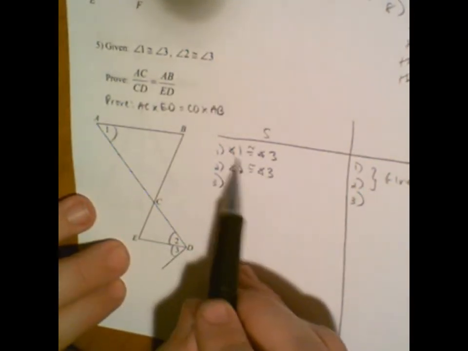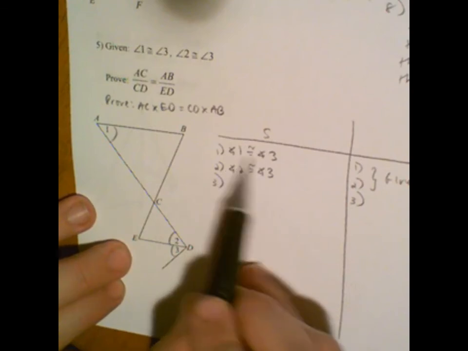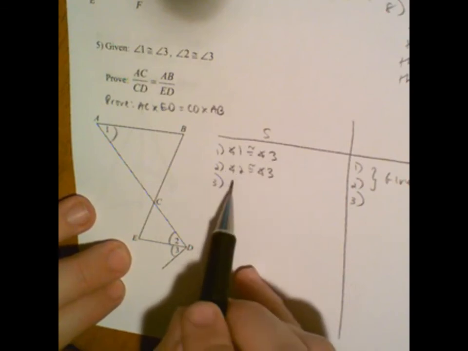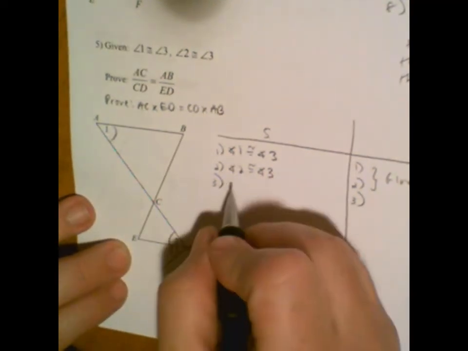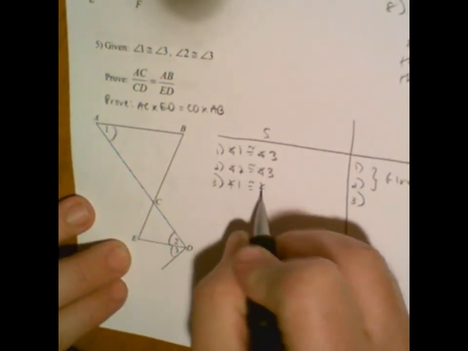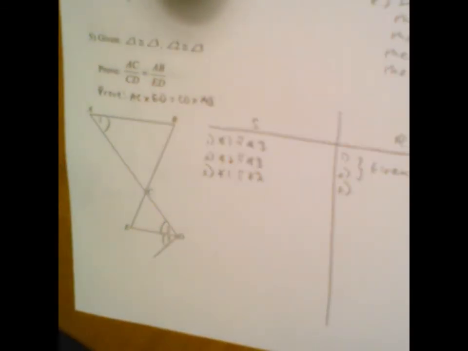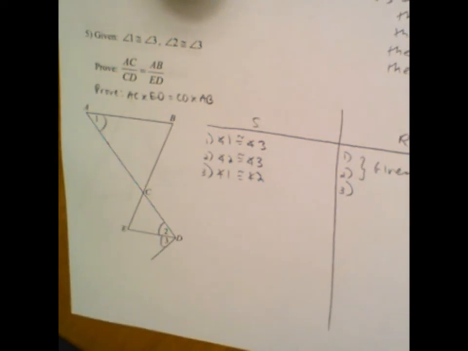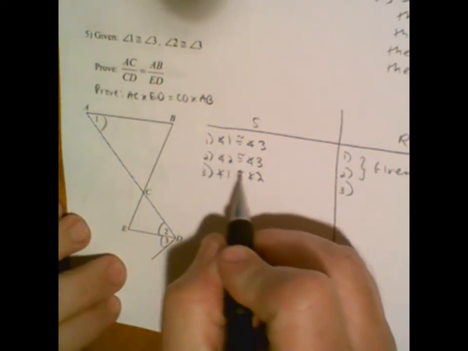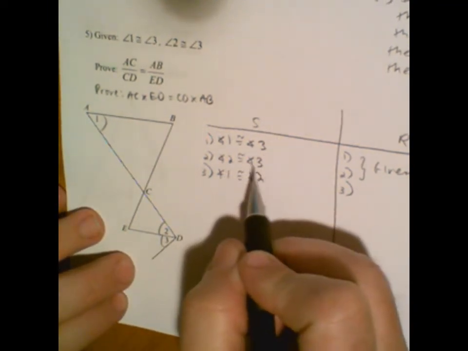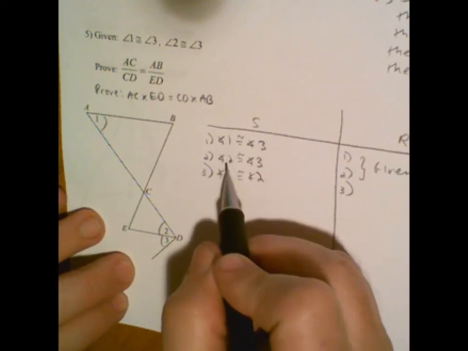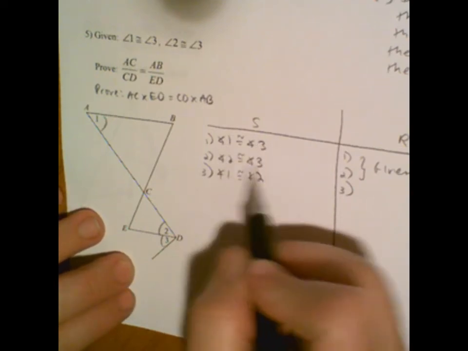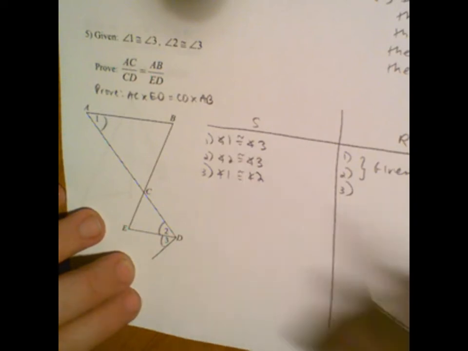Now look, if angle 1 is congruent to angle 3, and angle 2 is congruent to angle 3, then angle 1 must be congruent to angle 2. That's called the transitive property, but you can also call it substitution, because if I put angle 2 where angle 3 is, since they're congruent, I get angle 1 is congruent to angle 2.